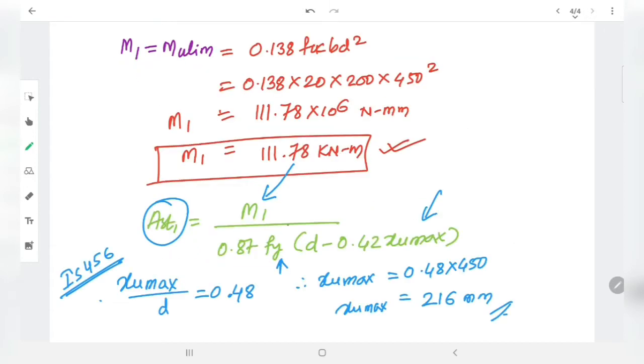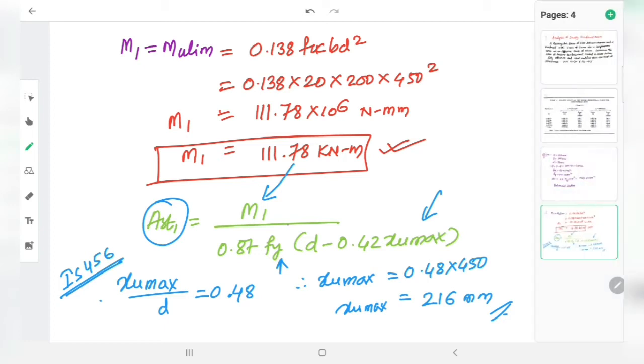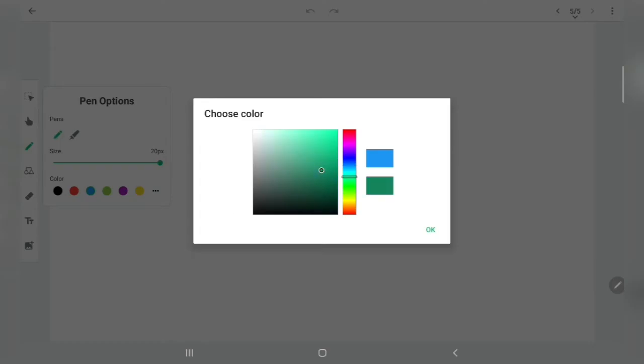Again I'll write the equation for AST1: AST1 is equal to M1 divided by 0.87 fy into bracket d minus 0.42 xu max.